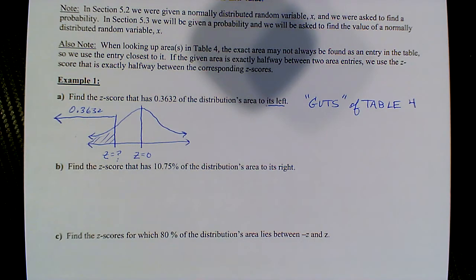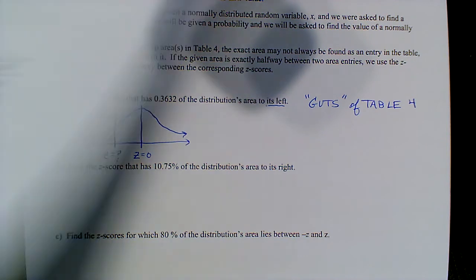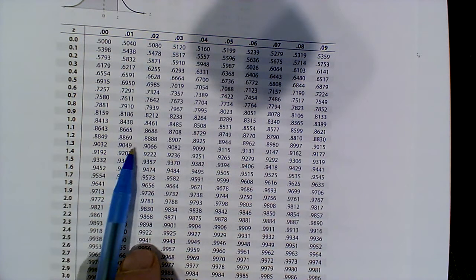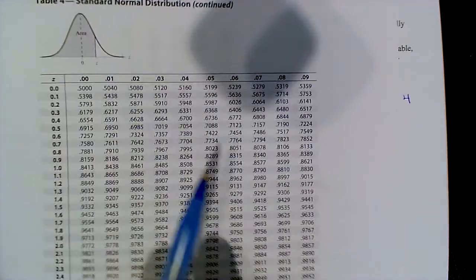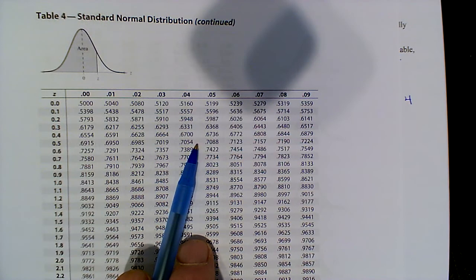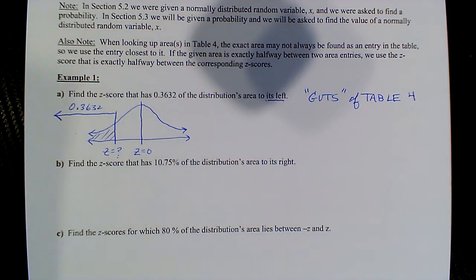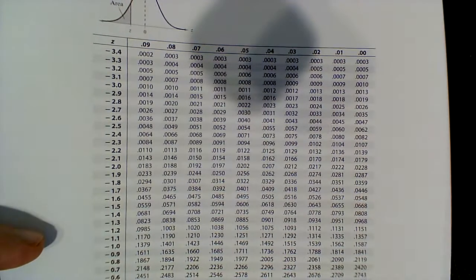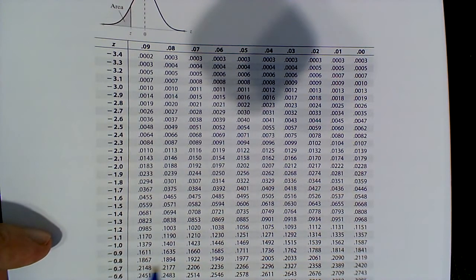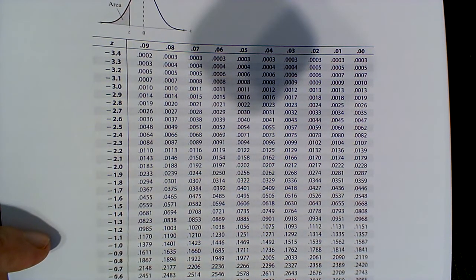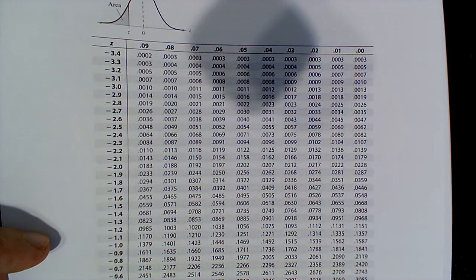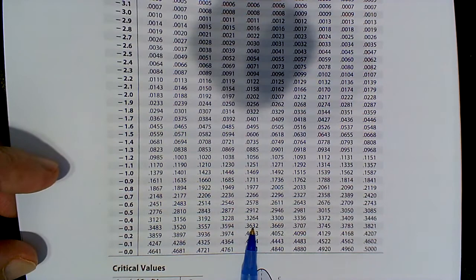And so when we break out table 4, 3632, well, I know it's going to be in the negative region of the table, because it's less than 50%. So let me go to the negative z-score chart. And perusing this chart, trying to look for 3632, looks like it is actually an exact value.